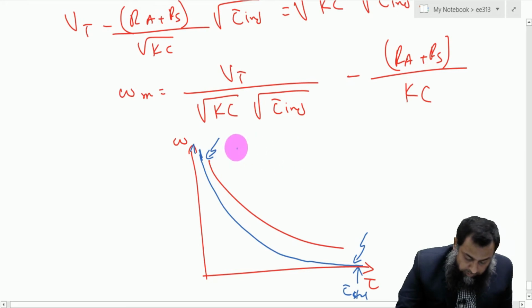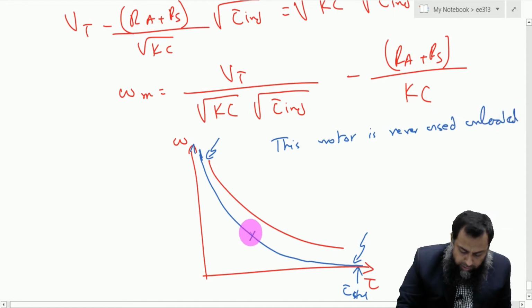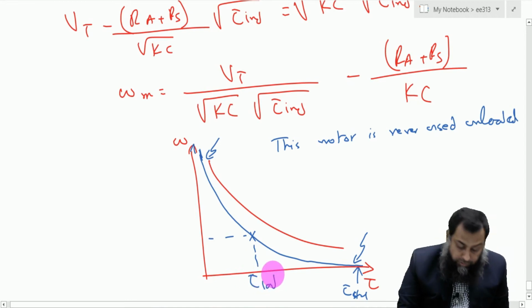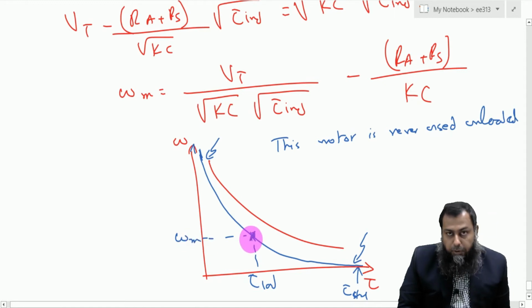Because of this exponential curve, this motor is never used unloaded. We always apply some load so that the motor will operate at some standard loading torque conditions, and its speed omega m is restricted to that particular point.